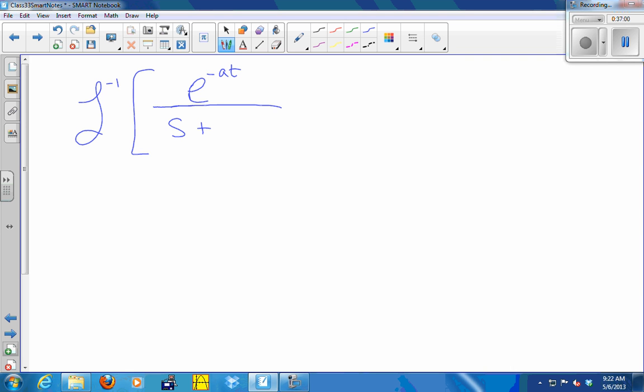What should we call this? K. Okay. So if you want to take an inverse Laplace transform of an exponential over s plus k, well, 1 over s plus k we know how to do the Laplace transform of, right?